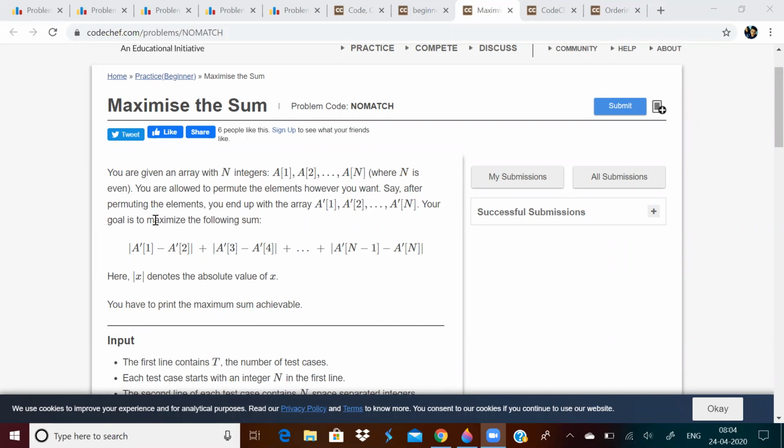But your goal is to maximize this sum: the absolute differences between adjacent elements taken pairwise, like a1' minus a2', a3' minus a4', all the absolute values. You want to maximize this sum.